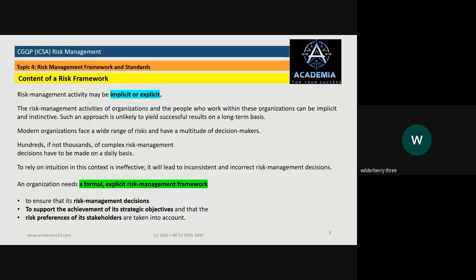In large companies, of course, you have to, because large companies are faced with a lot more challenges and a lot more complexity, so there is a need for a formal, explicit risk management. And what is the purpose? To ensure that the risk management decisions ultimately support the strategic objective.